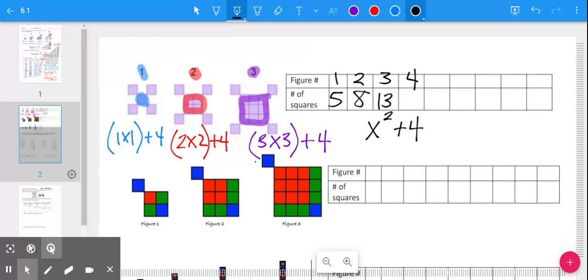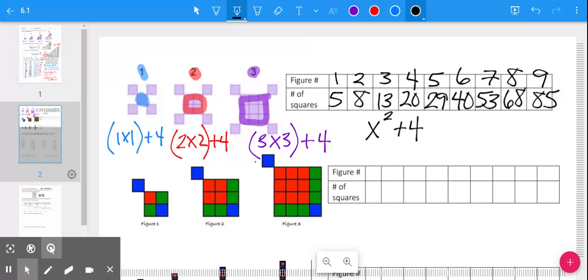So for 4, 4 squared is 16 plus 4 is 20. For 5, 5 squared is 25 plus 4 is 29. For 6, 6 squared is 36 plus 4 is 40. For 7, 7 squared is 49 plus 4 is 53. 8 squared is 64 plus 4 is 68. 9 squared is 81 plus 4 is 85.